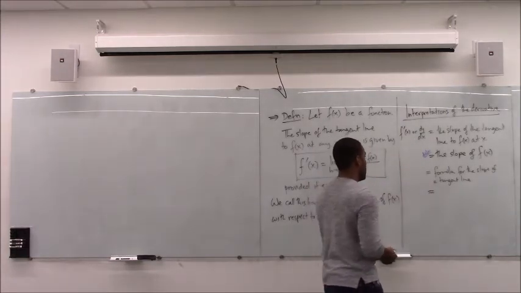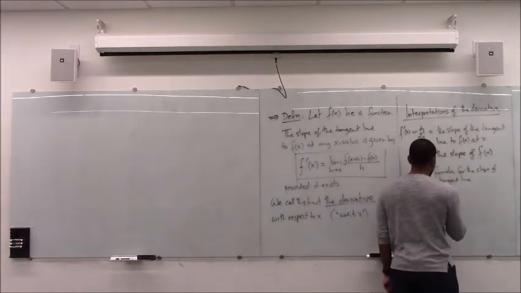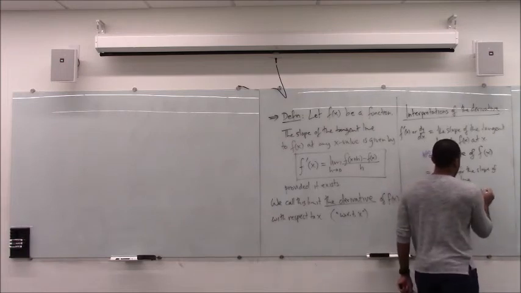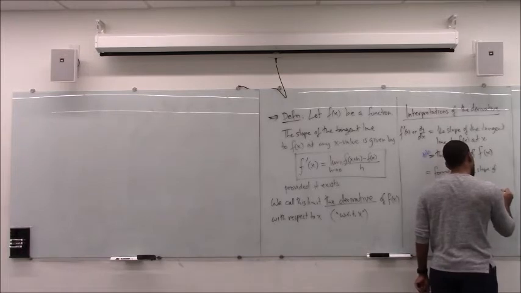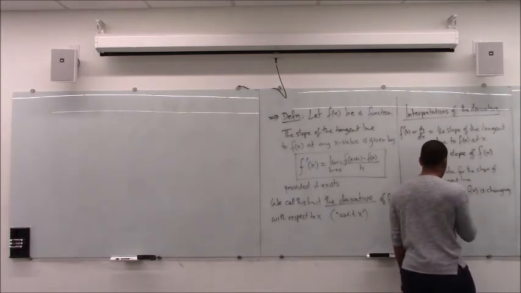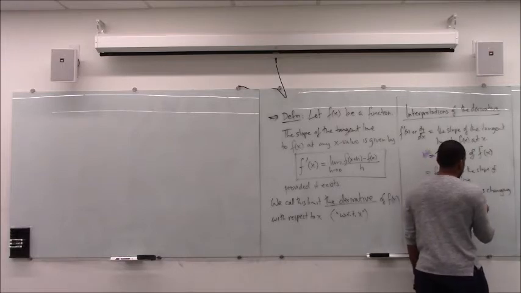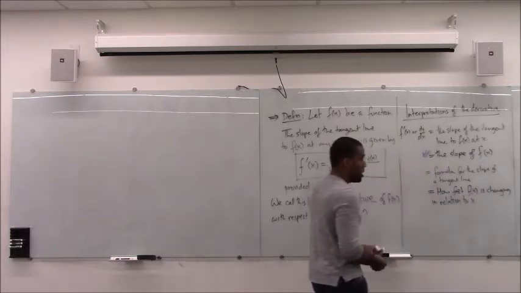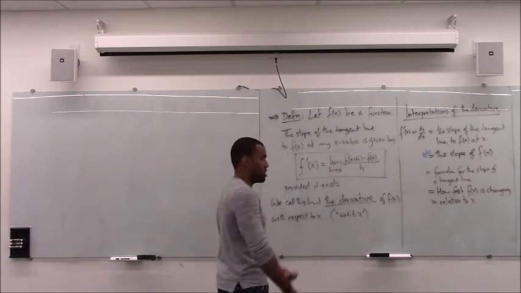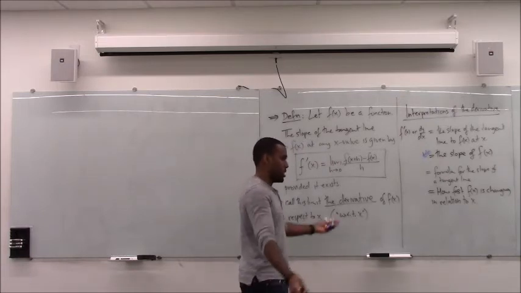Another way to think of it is in terms of rates of change. How fast f of x is changing in relation to x. Now, f of x and x, yes, it's a math class. For us, usually f of x is just f of x and x is just x.